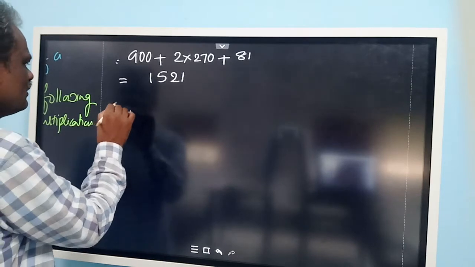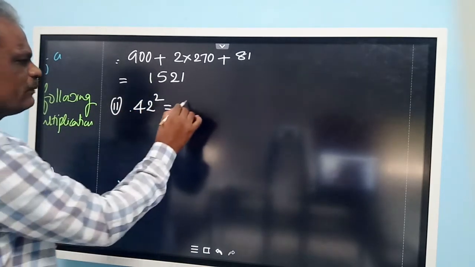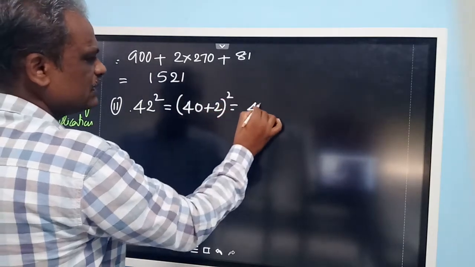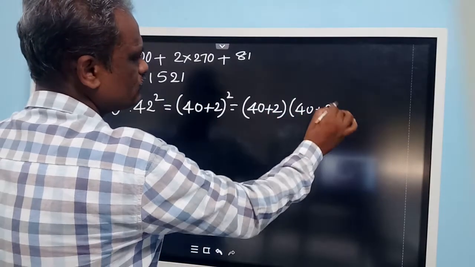For example, the second one, 42 square. 42 square can be written as 40 plus 2, whole square. So we write 40 plus 2 into 40 plus 2.